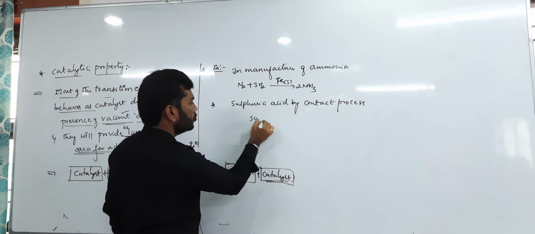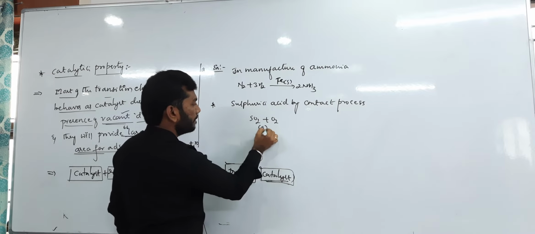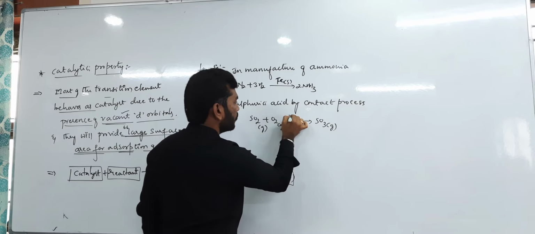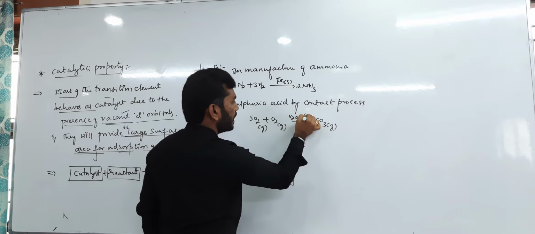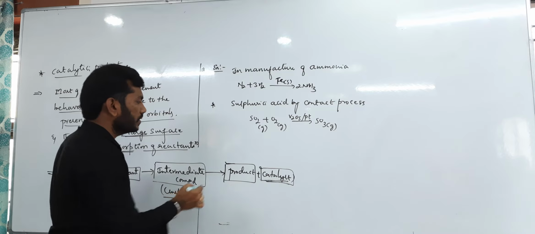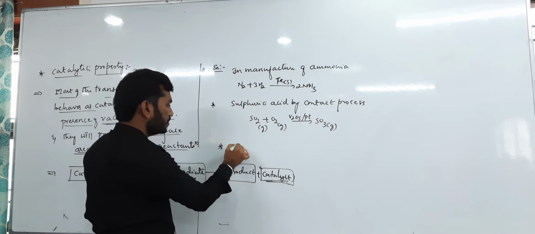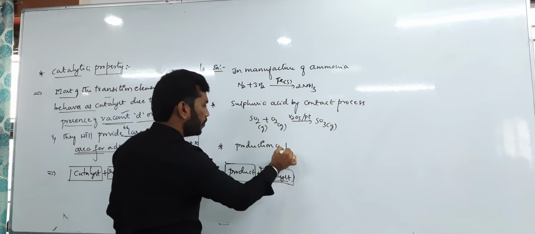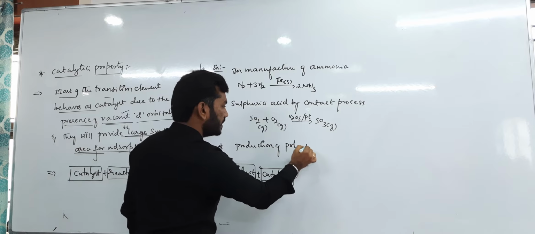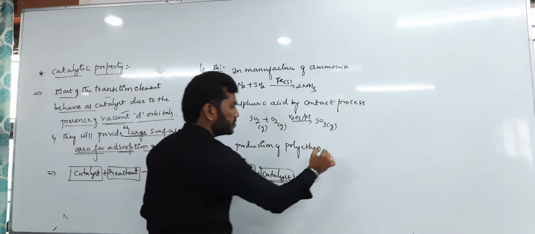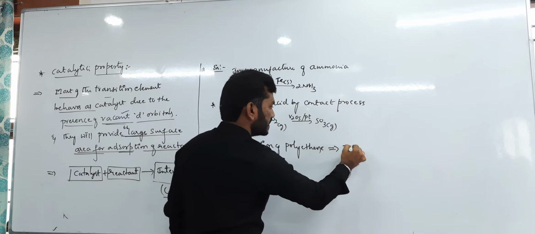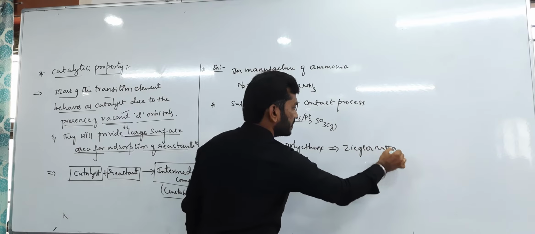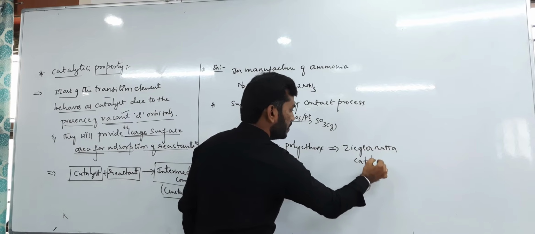SO2 plus O2 gives rise to SO3, with V2O5 or platinum. Okay, so production of polythene, we have Ziegler-Natta catalyst.